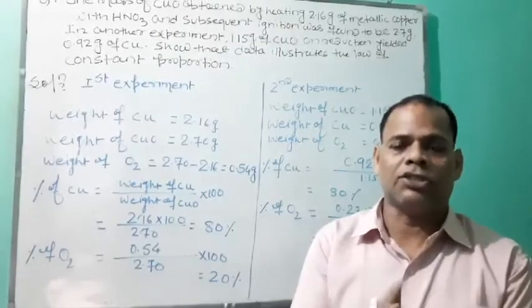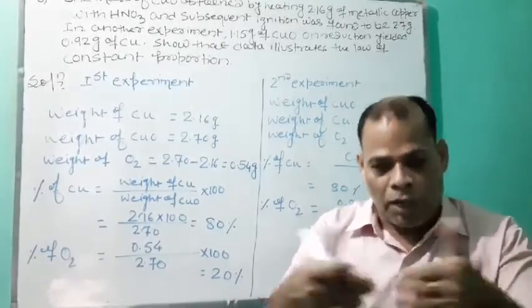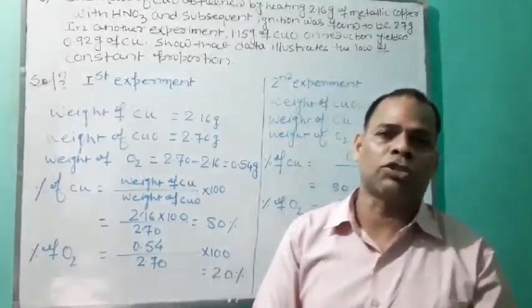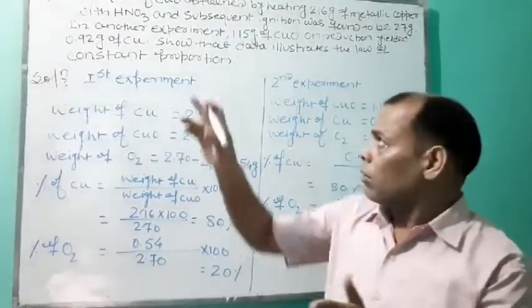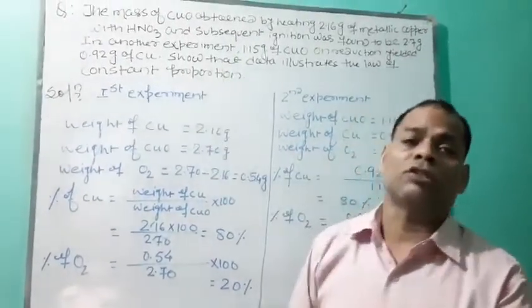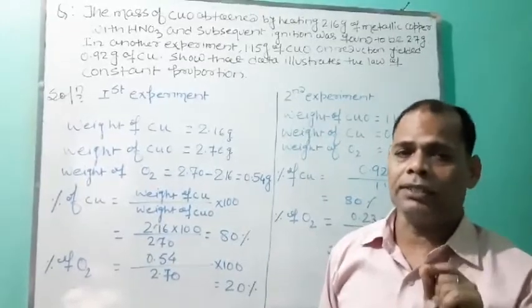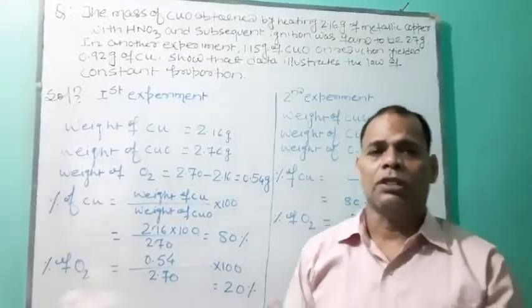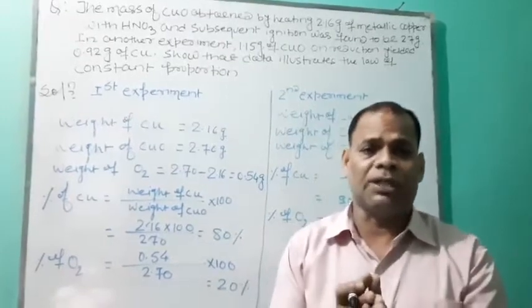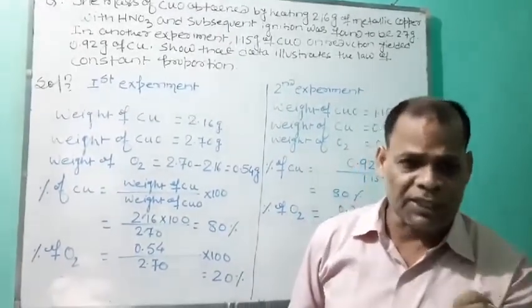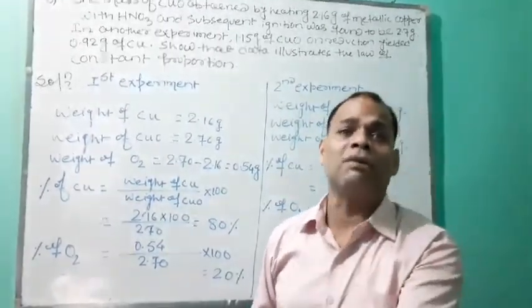Okay. Now we will apply this law while solving a numerical. So let us see this numerical, just to apply the law of constant proportion. Keep it in mind, as I said, the law of constant proportion is dealt with to study the composition of an element.